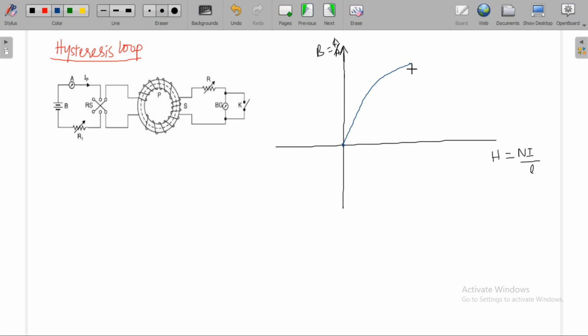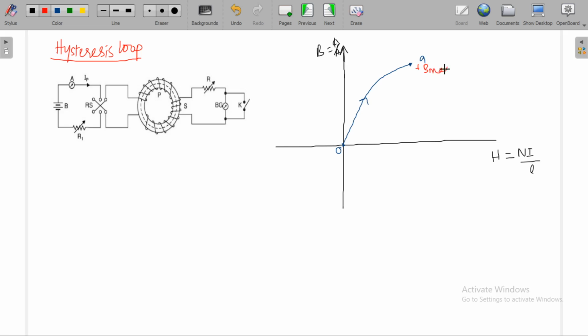Okay, this will be the BH curve, right? Let this be O, and this is point A. Now the material is saturated. Here you are going to get plus B maximum.